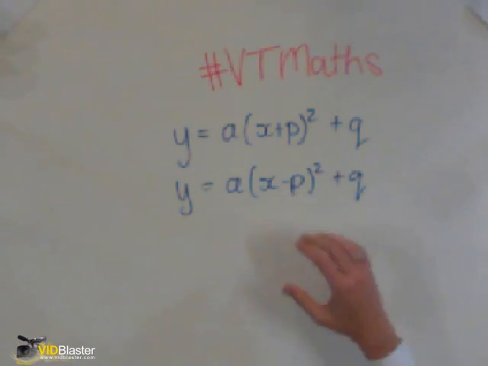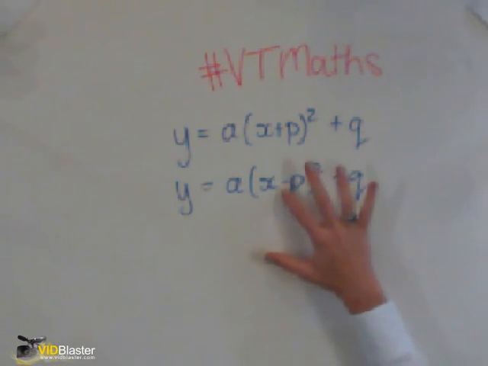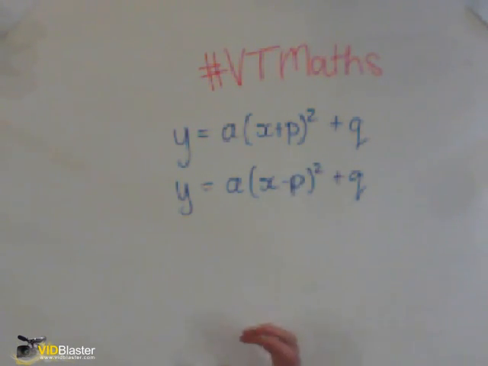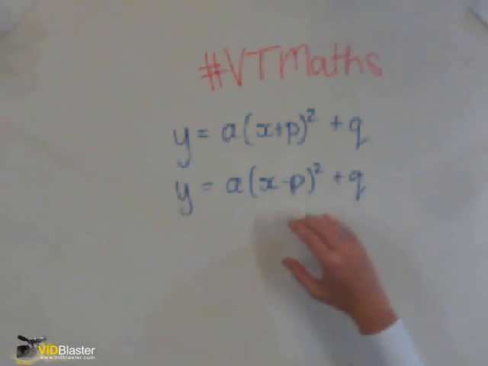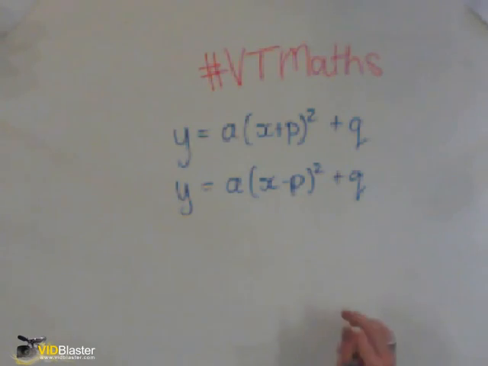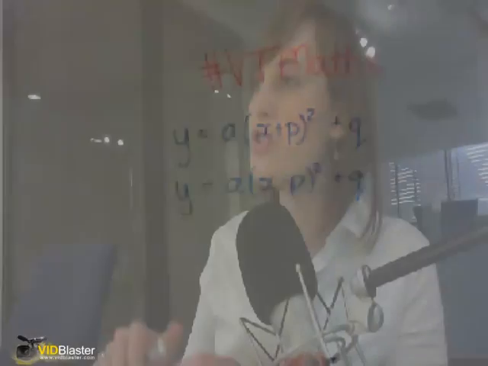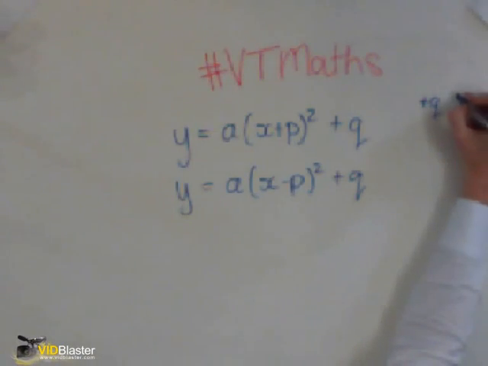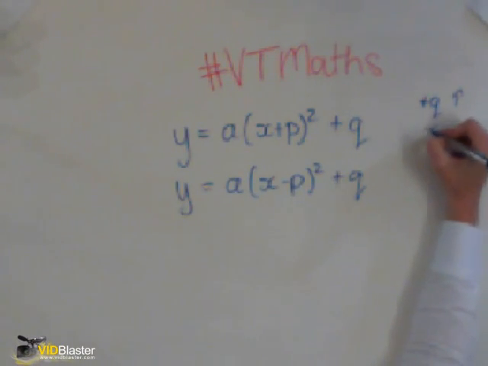Now, I don't really find that the sign is much of a problem as long as you understand how p works. And p works as a horizontal shift. And it works in the opposite direction to what you think it does, because q is pretty straightforward. If we have a positive q value, our graph shifts up, and if we have a negative q value, our graph shifts down.